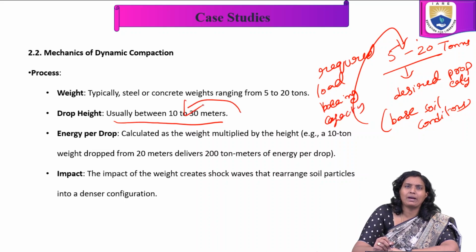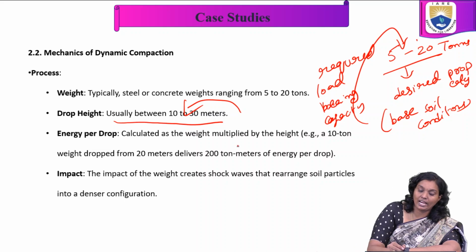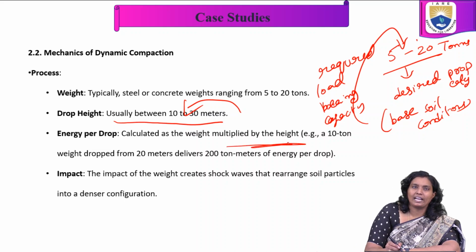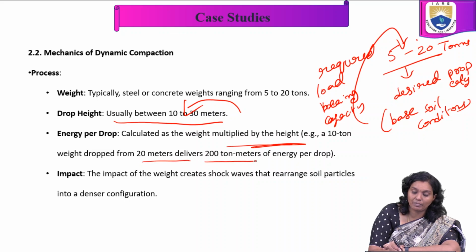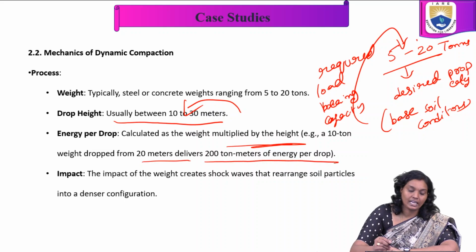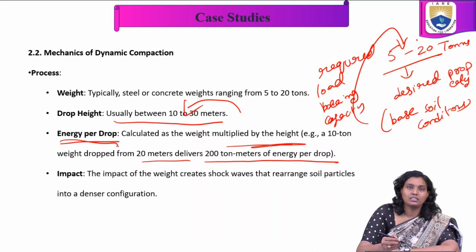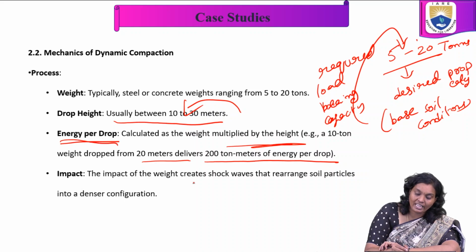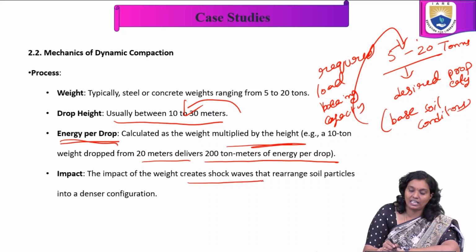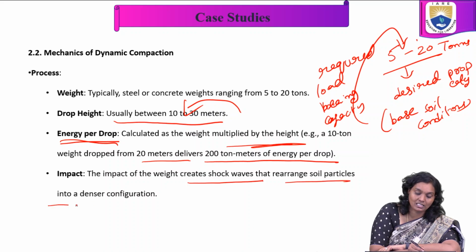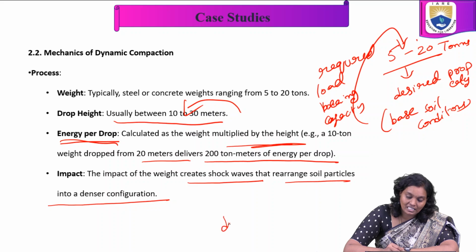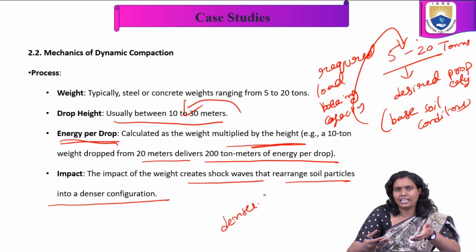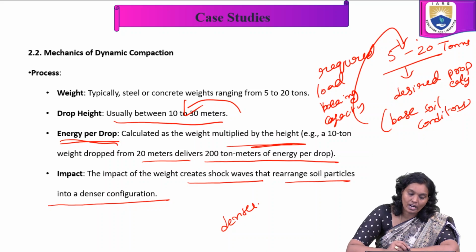The energy per drop is calculated as the weight multiplied by the height. A 10 ton weight dropped from 20 meters delivers 200 ton meters of energy per drop. The impact of the weight creates shock waves that rearrange soil particles into a denser configuration. To understand how much the configuration has changed after all the iterations, we do soil property tests before and after.